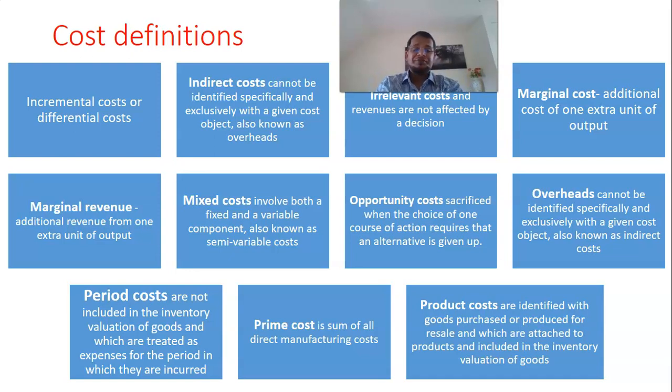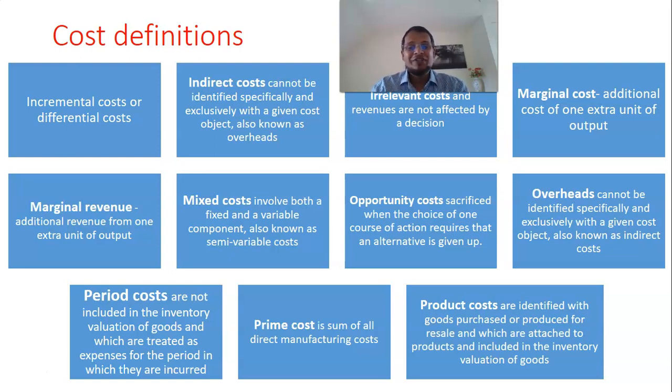Opportunity cost. What is opportunity cost? So because of taking alternative courses of action, okay, so the cost or the revenue that you are sacrificing. So you have now two options. You can't do both, okay? So either you have to buy the product or manufacture the product. You can't do both.